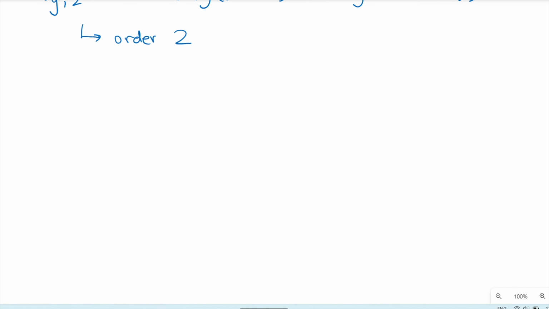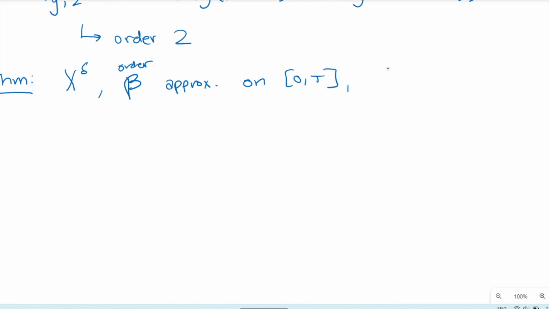So in general, we have the following theorem. Given an order beta approximation to an Ito process on 0 to t, and a sequence of step sizes delta k equal to dk times delta, so they're all a multiple of this step size delta, where the dk are increasing, and we have beta plus 1 of them, each of them finite.